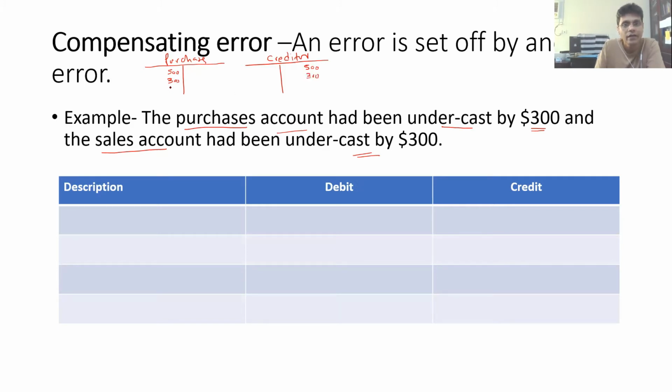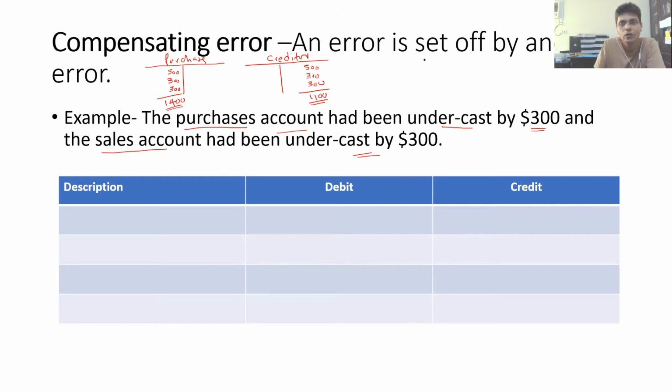Then again, let's say 300 debit, 300 credit. Now you need to transfer this to the trial balance, right? So when you add, let's say you are adding 8, 9, 10, 11, instead of 1100, you add this as 1400. And your creditors balance is 1100, correct?